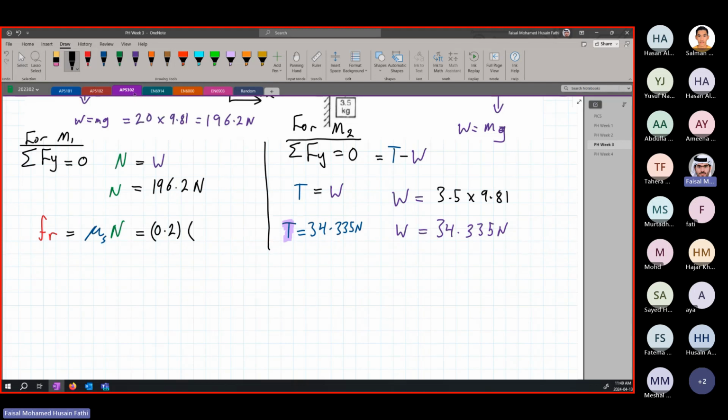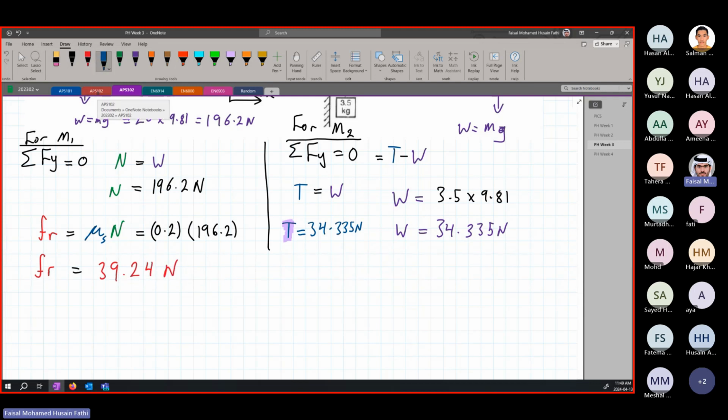So 0.2 is our mu s, 196.2 is our normal force. So our friction force is going to be equal to 0.2 times 196.2. This is going to be 39.24 newtons. Now, how do we know?